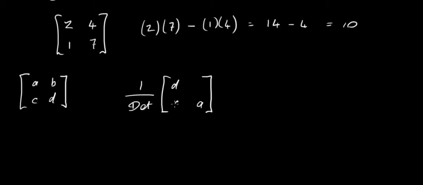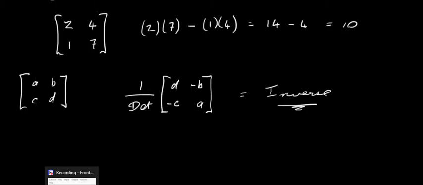What you do is just change the sign of the C and change the sign of the B. If you do all of this, you will get the inverse of this 2 by 2 matrix. And what you'll actually find is when you multiply a 2 by 2 matrix by its inverse, you'll get the identity matrix. We'll have a look at that in a minute anyway.